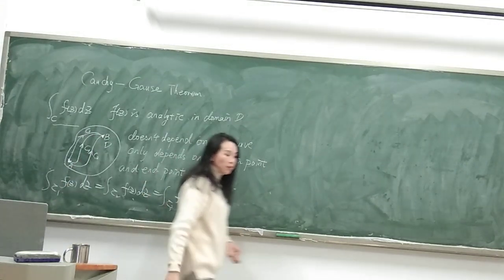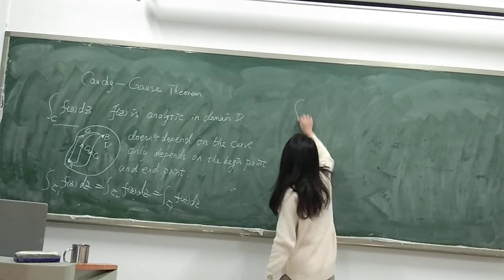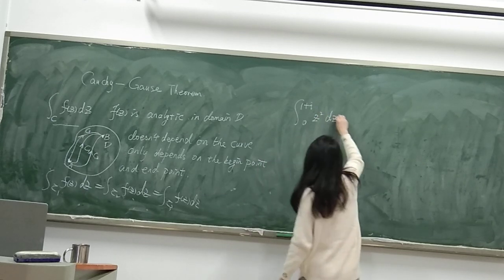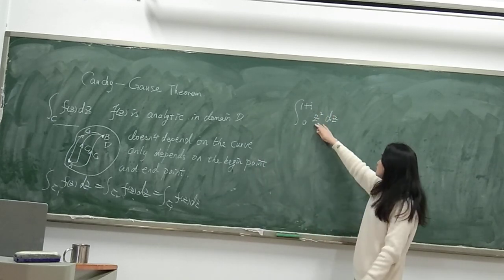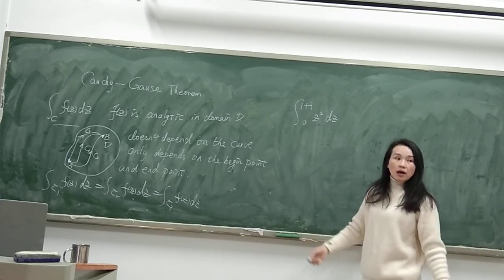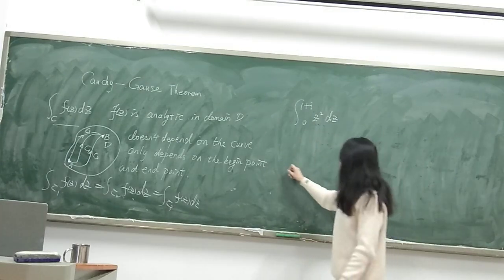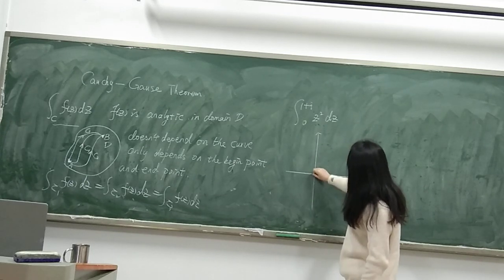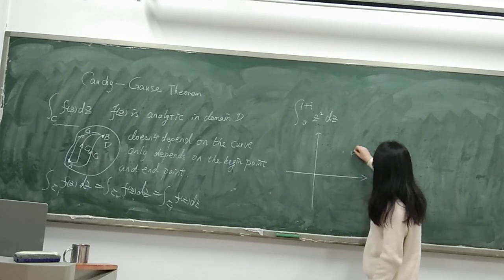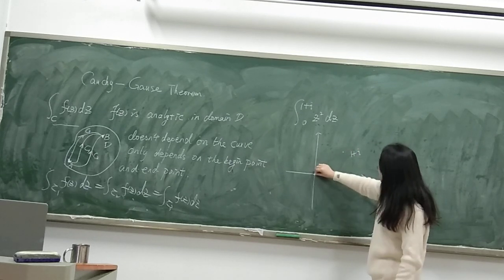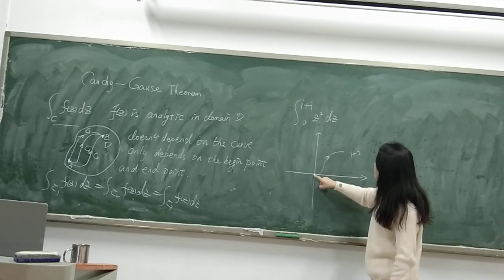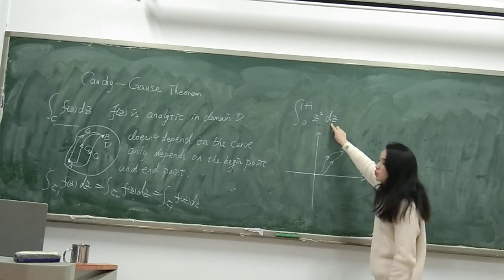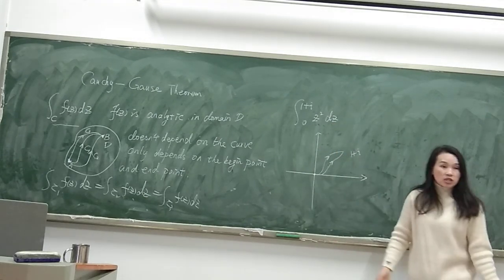So now, for example, if this is z squared dz, we know z squared is analytic on the whole complex plane. So this is the beginning point, this is the end point. For any curve from this point to this point, this integral does not change.